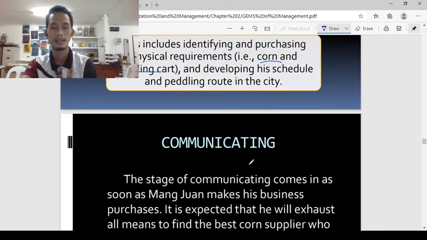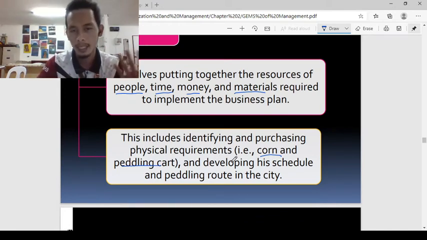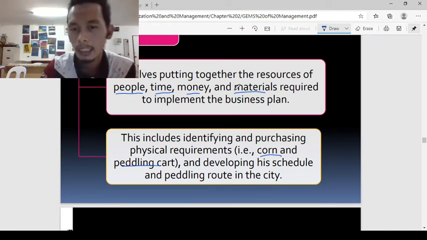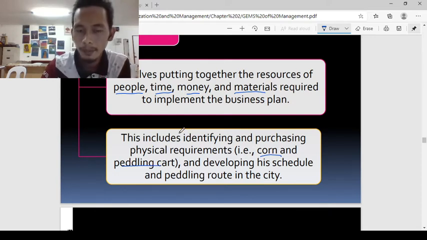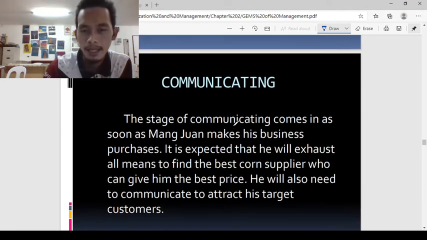Organizing. Next, communicating. Di ba? I-organize mo tanan. The time, schedule, money, materials needed to implement what is being planned. And then the physical requirements, yung kinahanglan. So, yung ibaligya kay corn, and then the peddling cart. And then, yung ruta and schedule in the city.